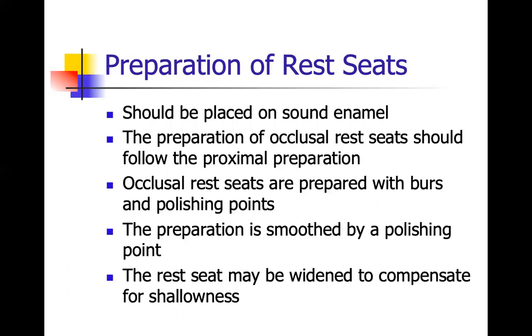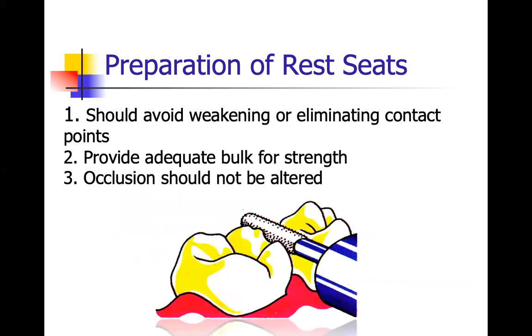The rest seat may be widened to compensate for shallowness, to give it rigidity. One should avoid weakening or eliminating contact points. Provide adequate bulk for strength, and occlusion must not be altered.